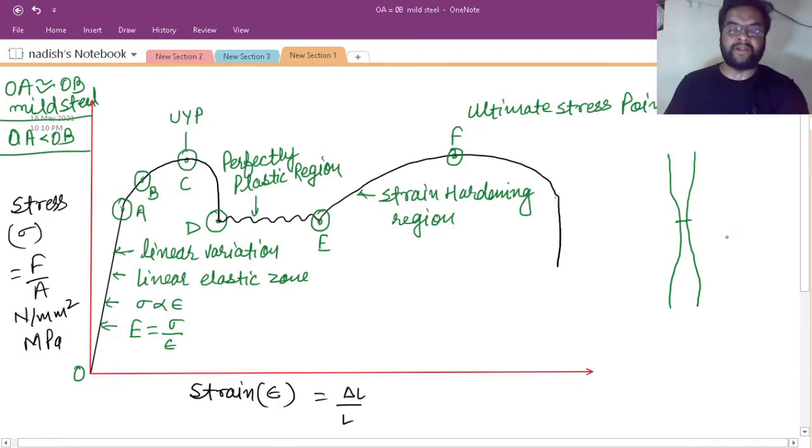The point at which the specimen breaks is called the fracture point or breaking point. The corresponding stress is called the breaking stress, and the corresponding strain is called the fracture strain. The region between F and G is called the necking region.